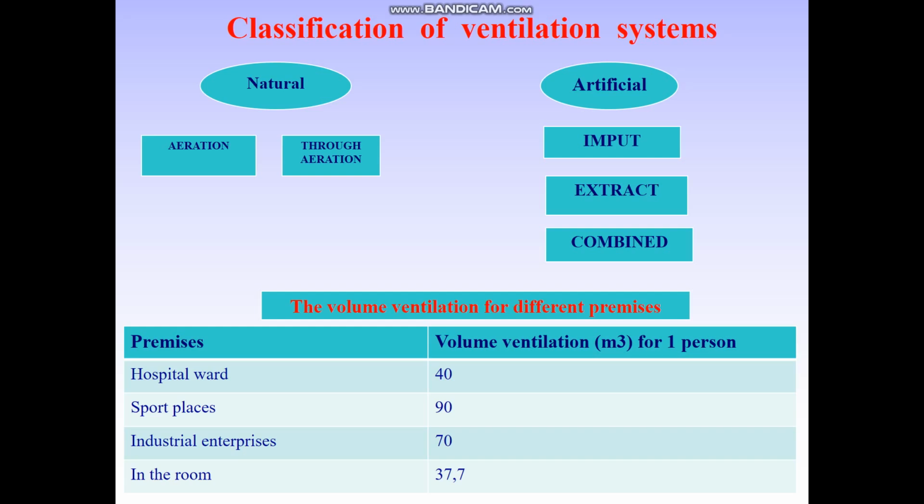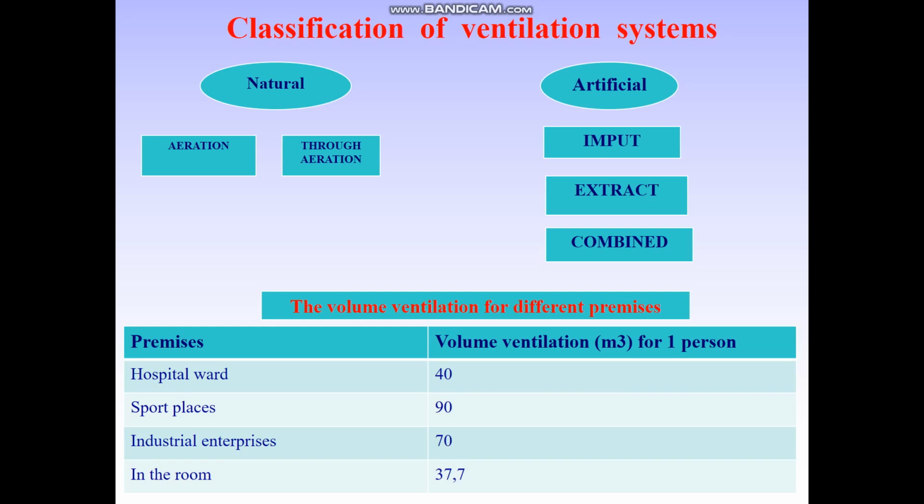The volume of ventilation is 37.7 cubic meters. Therefore, full removal of spoiled air and substitution by pure atmospheric air requires approximately 1.5 changes of room air with external air per 1 hour. Thus, air changes per hour are the basic criterion of ventilation intensity.